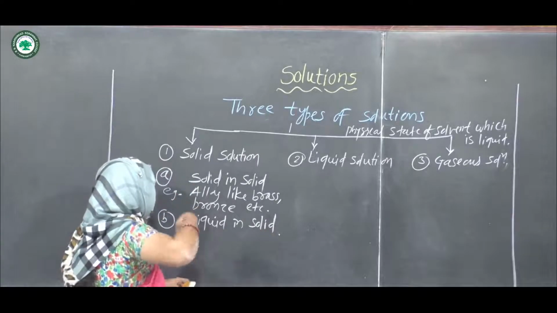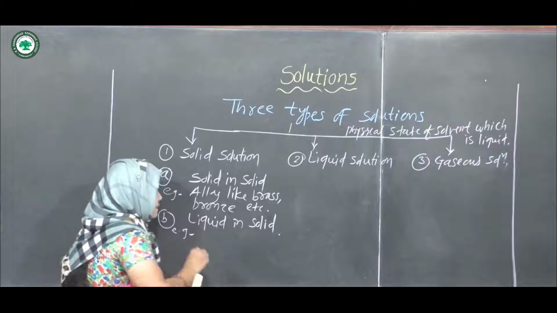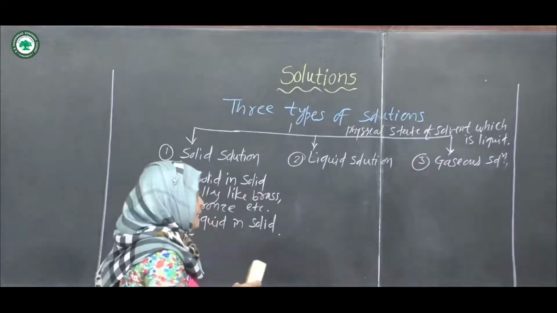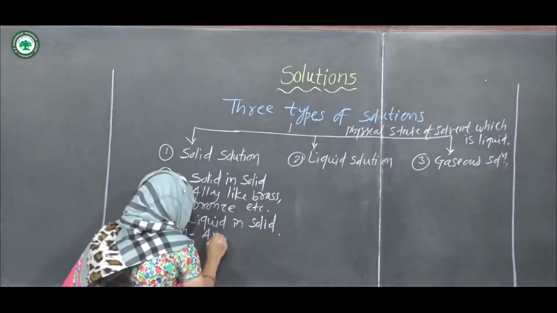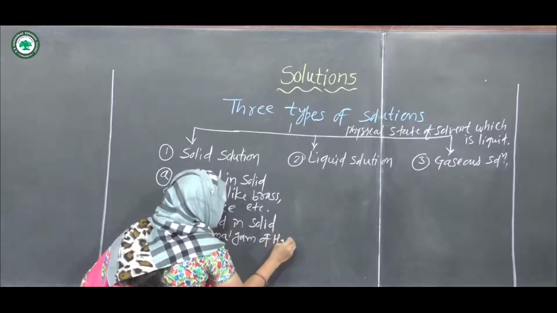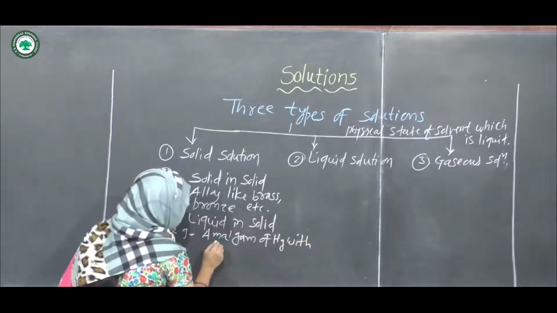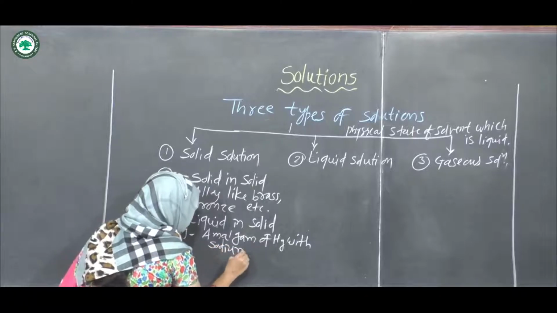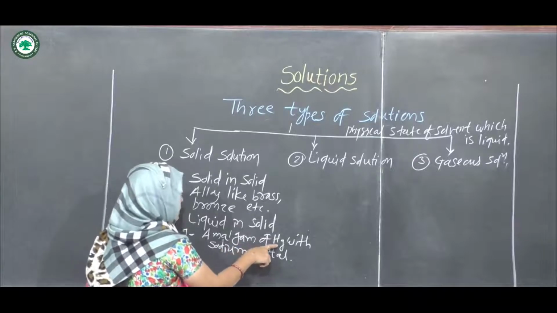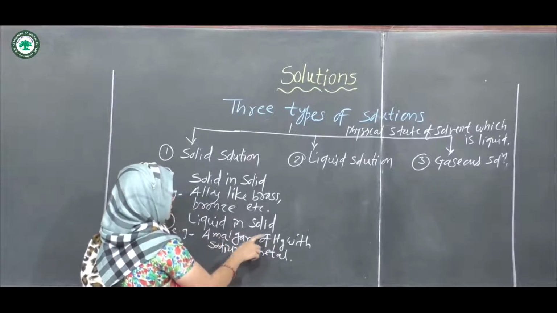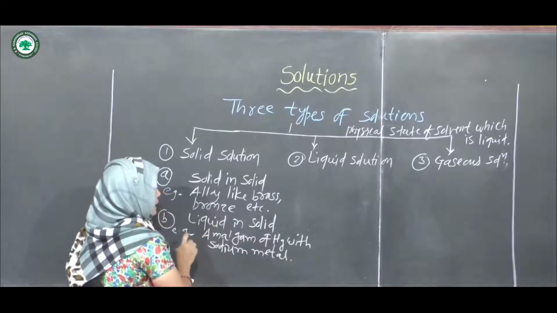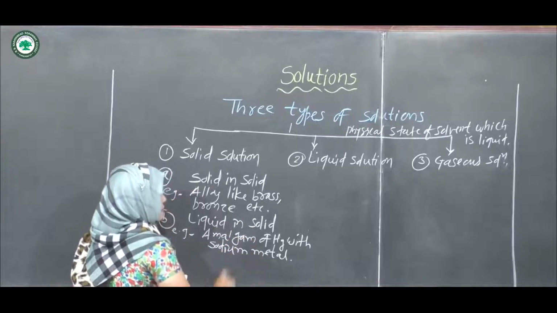Its example is amalgam of mercury with sodium metal. Here in the amalgam, mercury is the liquid, and sodium metal is the solid.